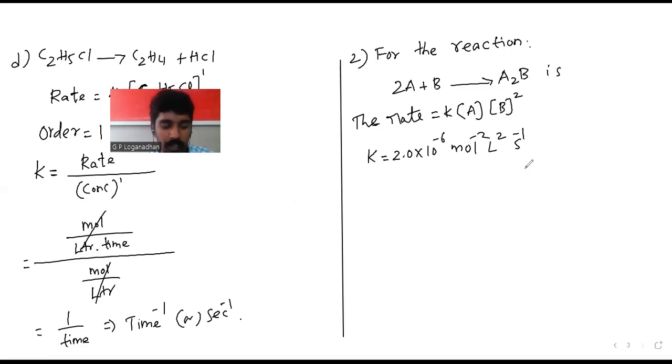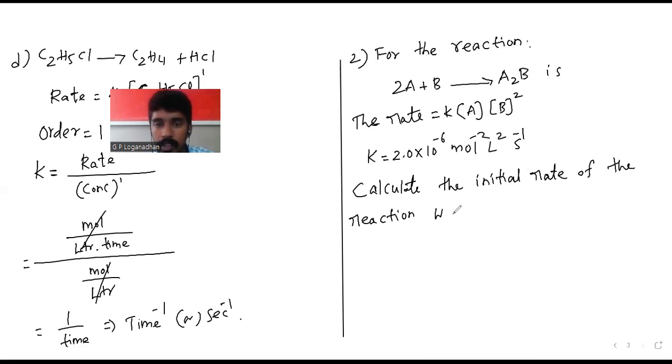Calculate the initial rate of the reaction when concentration of A equals 0.1 mole liter inverse, concentration of B equals 0.2 mole liter inverse.